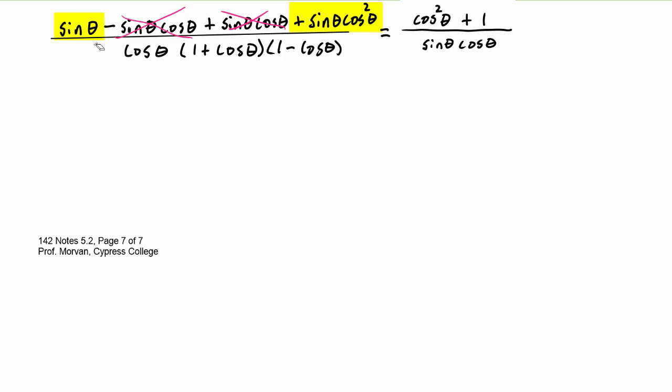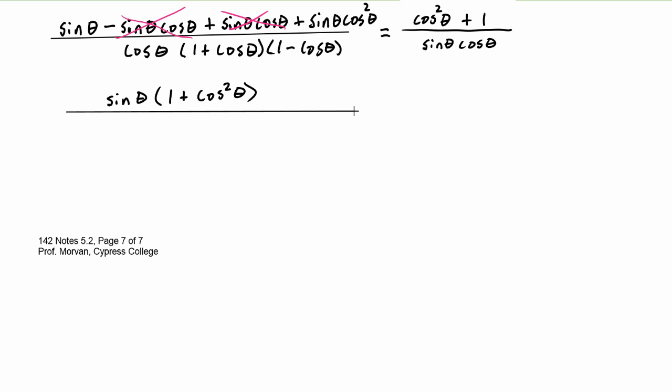So I'm going to factor out a sine theta from both of these, and we will have left 1 from this, then plus cosine squared theta from this one, our denominator cosine of theta, and okay, I can see we actually will want to trade this out for 1 minus cosine squared theta.